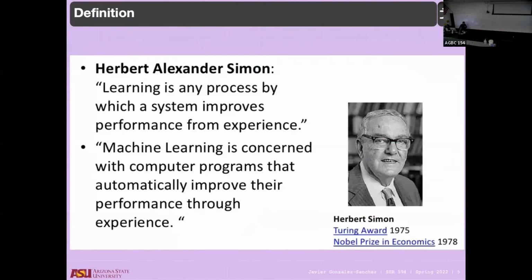Now, machine learning, the definition, this guy. This is one of the fathers of machine learning as a science. Why am I showing you this? Number one, notice the dates. This is a very old thing. If this idea is from the 70s, why until today, 2022, is it kind of at the top of the list in terms of relevance, right?